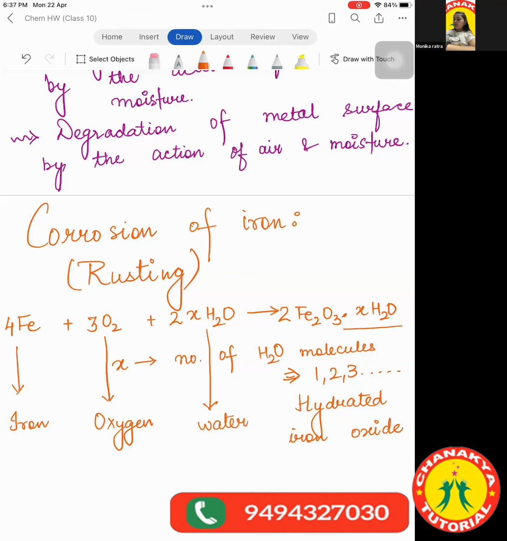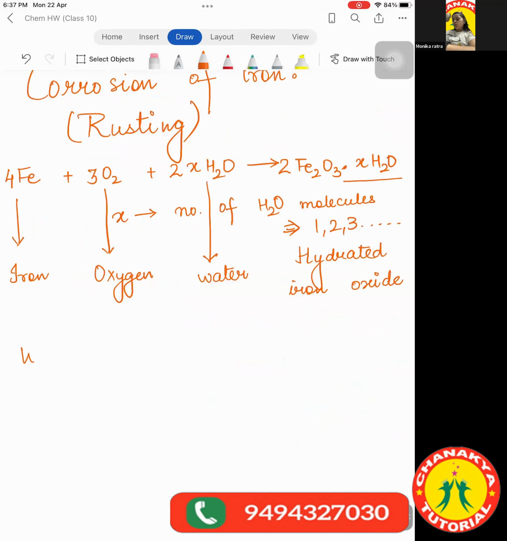And a very important question: what are the necessary conditions for rusting to occur?